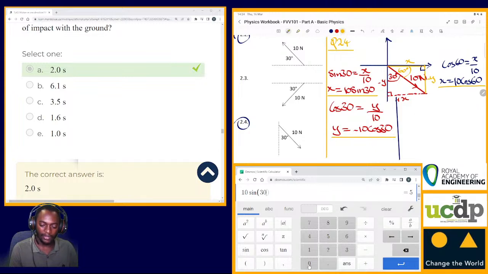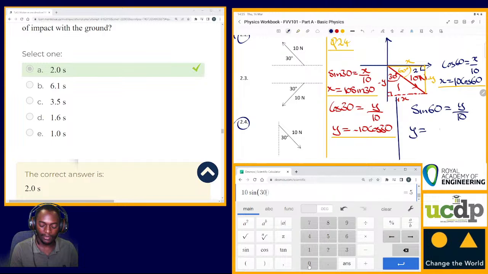How about y using method number 2, or using triangle number 2? So this was triangle number 1, and this is triangle number 2. Alright, so y is now the opposite side, and we have the hypotenuse, so it becomes sine of 60, and our opposite is y over the hypotenuse, which is 10.